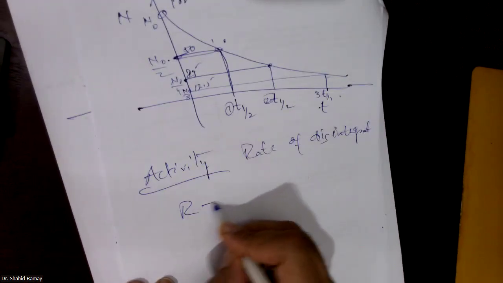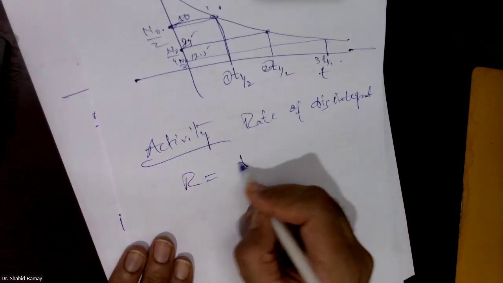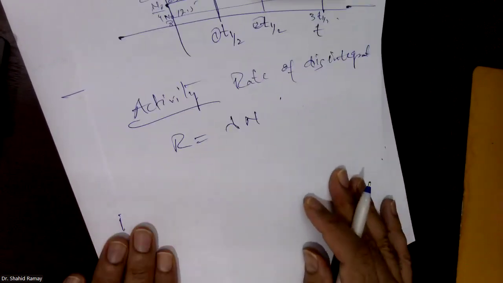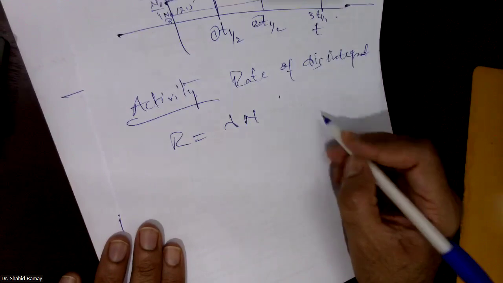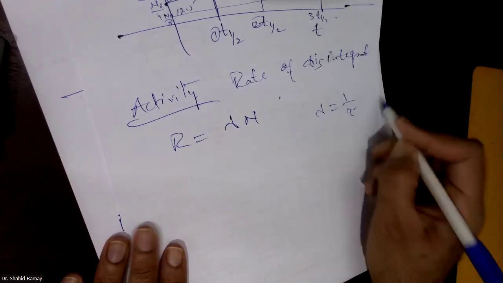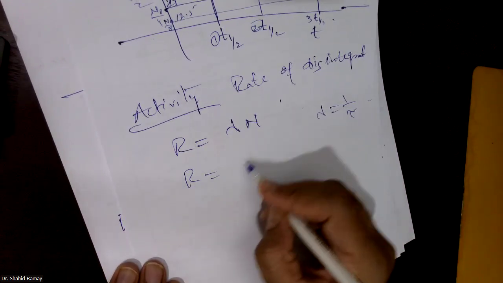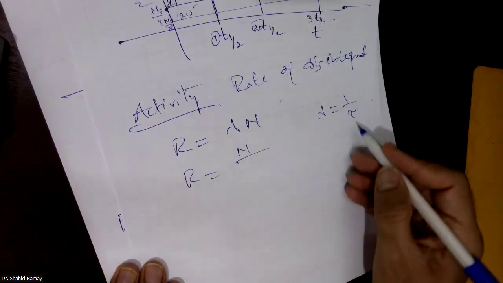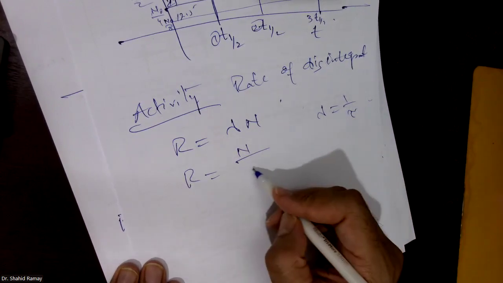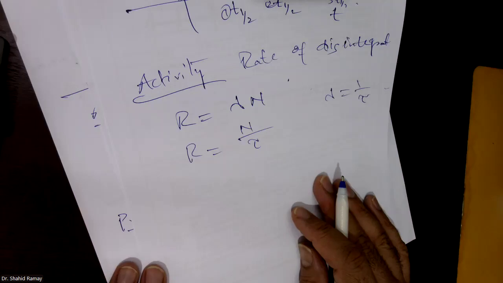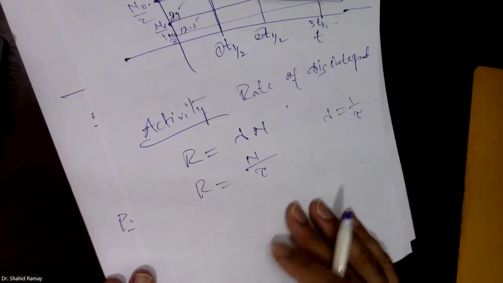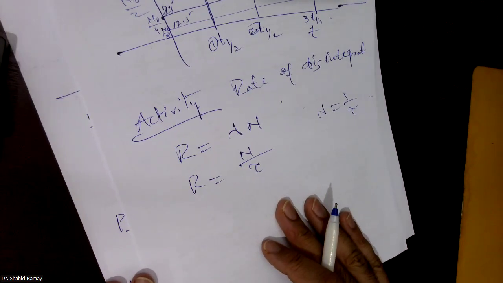The activity formula, you should remember, is lambda into N, and lambda is the decay constant. You know that lambda is equal to 1 over tau. So if I put here N over, 1 over lambda is 1 over tau, then it is N over tau. You can write activity in this way.